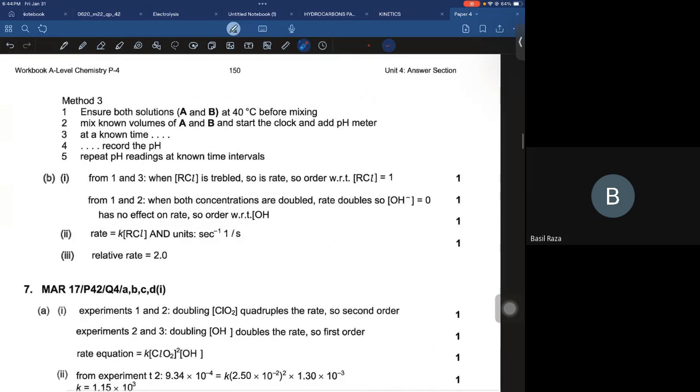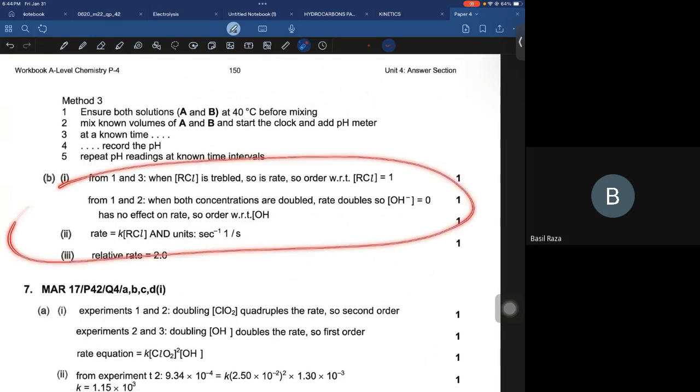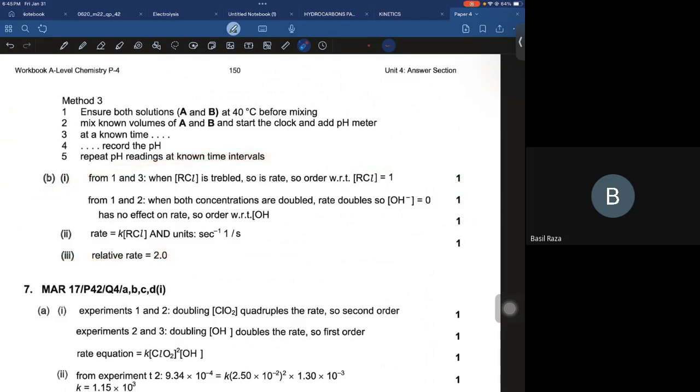See this, it's zero order. Basil, can you see this? Yes, sir. When both concentrations are doubled, the rate doubles. So the OH minus is zero order, it has no effect.